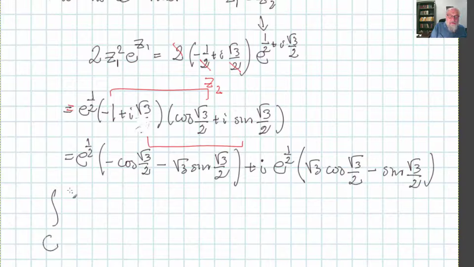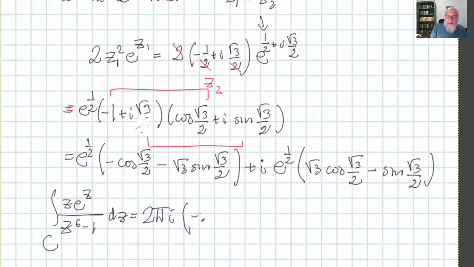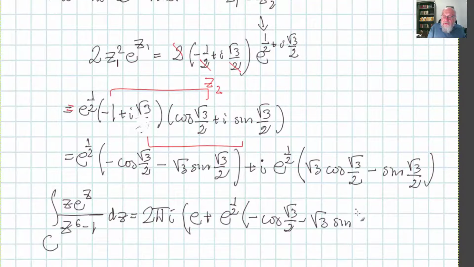So we can write the answer: the integral over C of z e to the z over z to the power 6 minus 1 dz is equal to pi i, and here we have e plus, and this is 2 residues, which is equal to 1/2 minus cosine minus square root of 3 sine square root of 3 by 2.